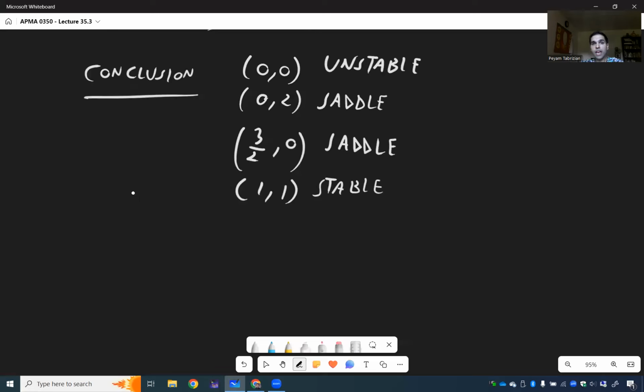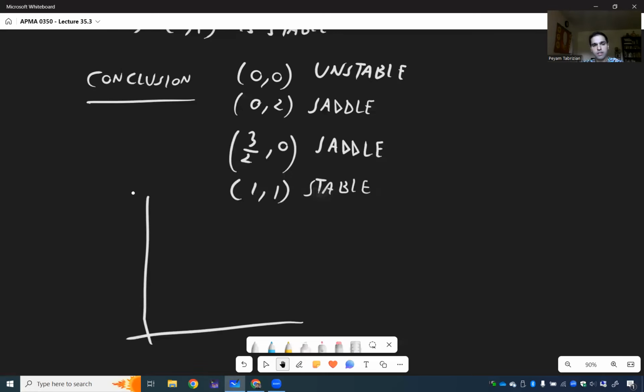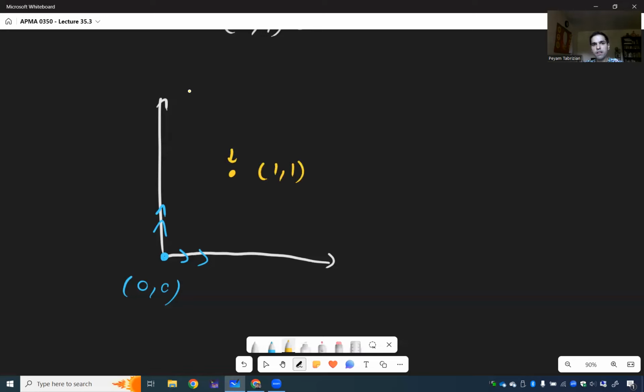In other words, we have the following picture, which we will complete in the next video. We have (0, 0), which is unstable. So arrows go out of (0, 0). We have (1, 1), which is stable. So things go in.